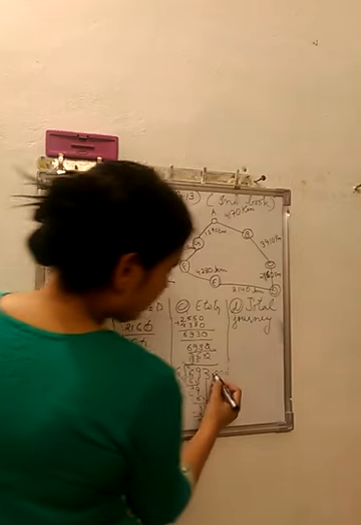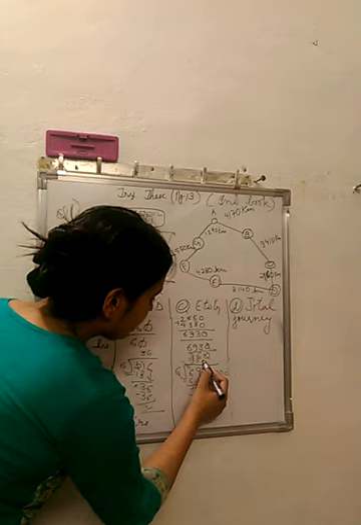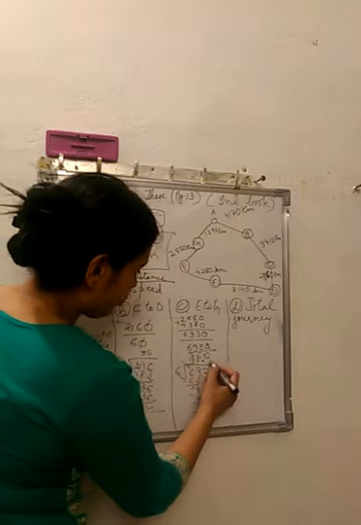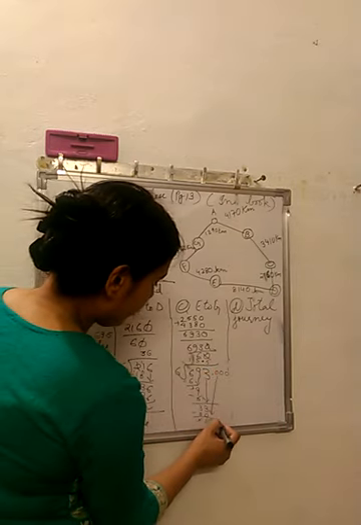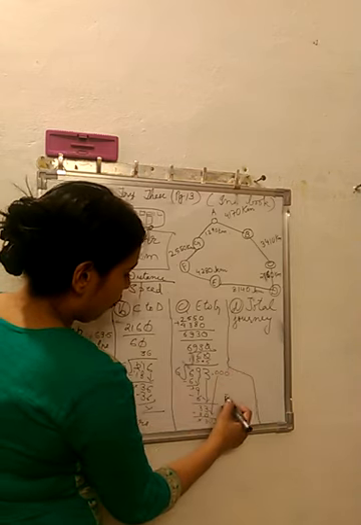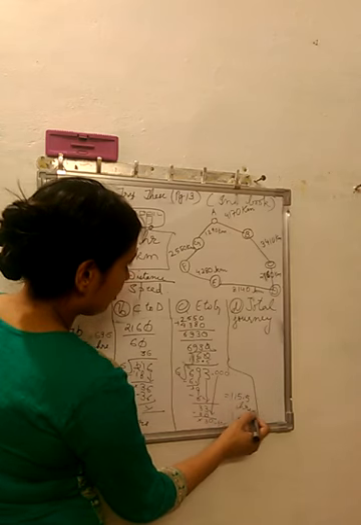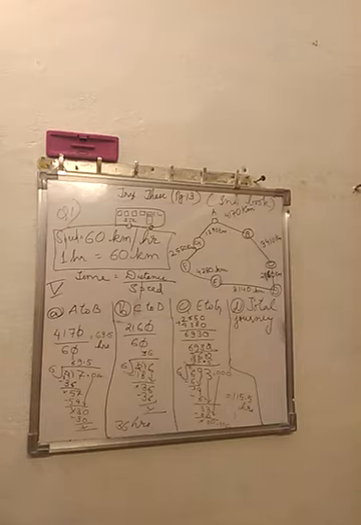This is 1. 6 threes are 18. This is 3 and 0 comes down. 6 fives are 30. So the answer is 435 hours.